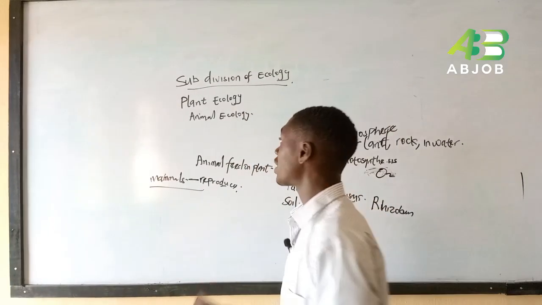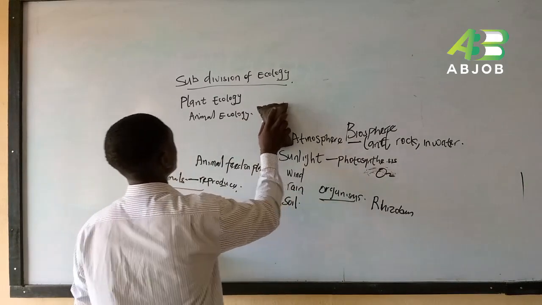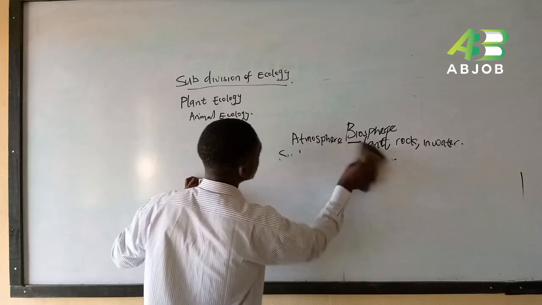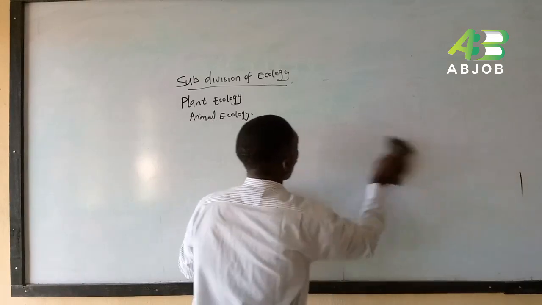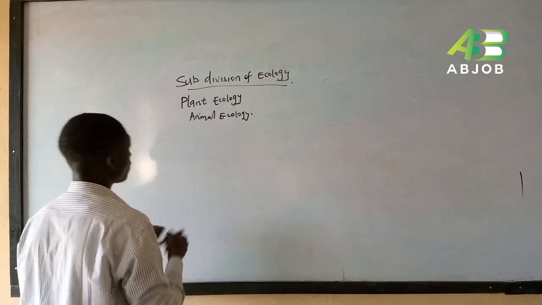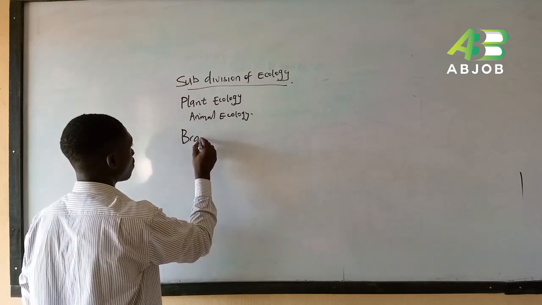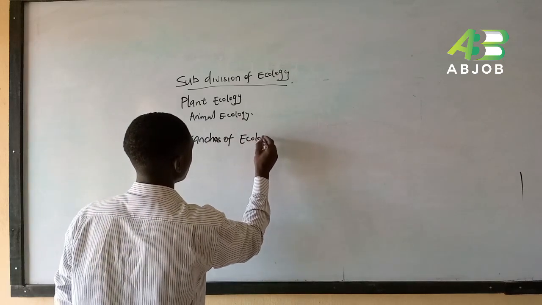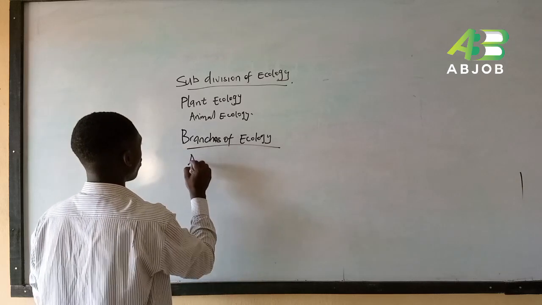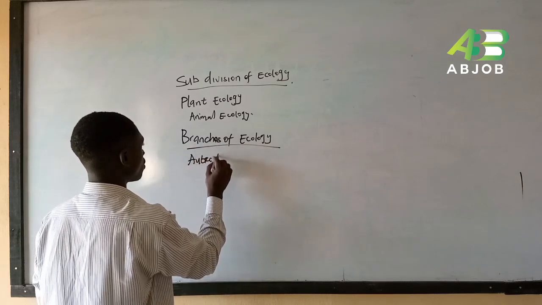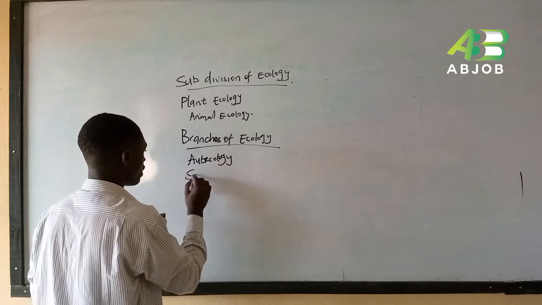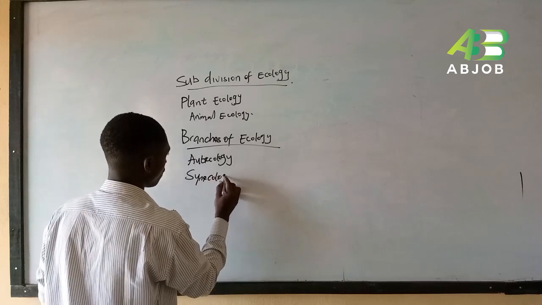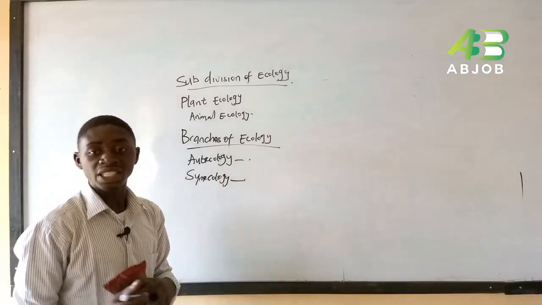Now, let us go to the branches of ecology. What are the branches of ecology? We have Autecology and Synecology. What is Autecology?